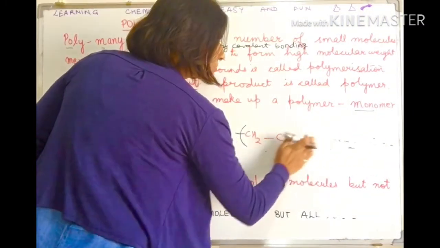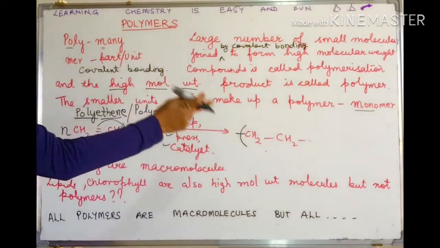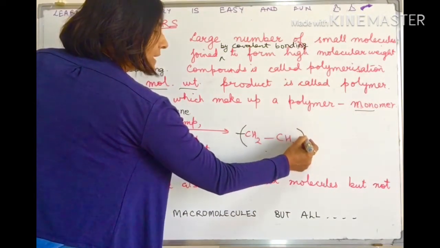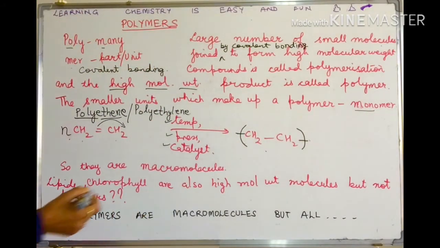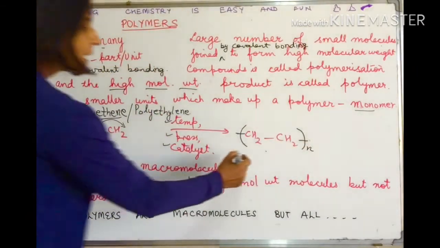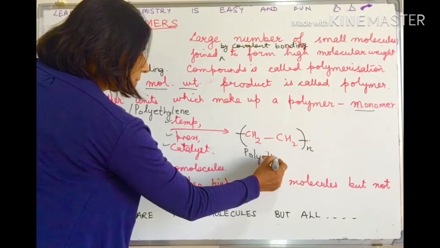The smallest repeating unit is CH2-CH2. So a hyphen here as well, with a part of it protruding out of the bracket, and we put n over here. This becomes the representation of polythene.